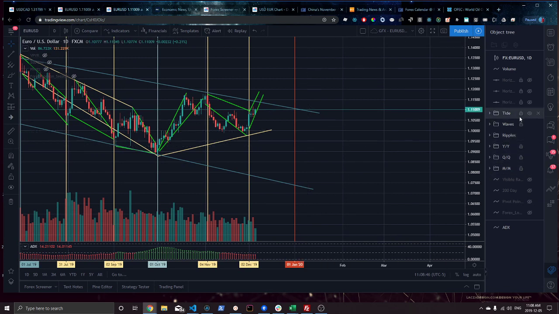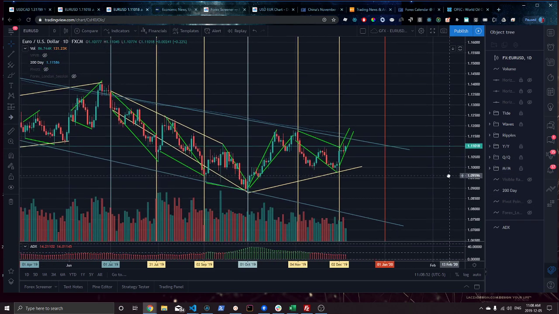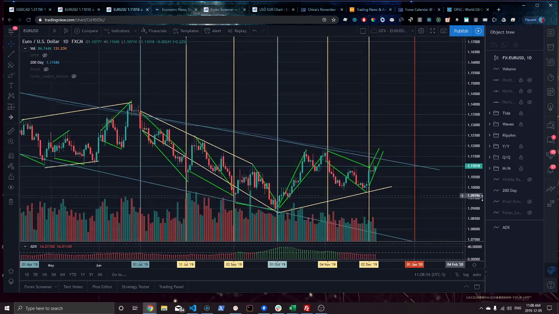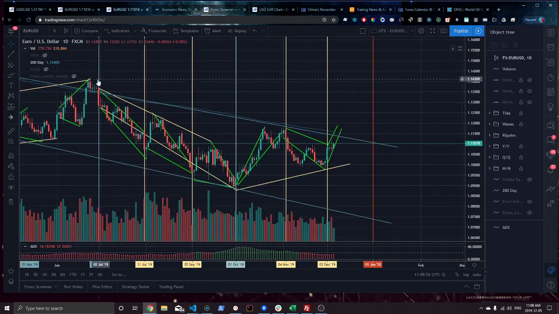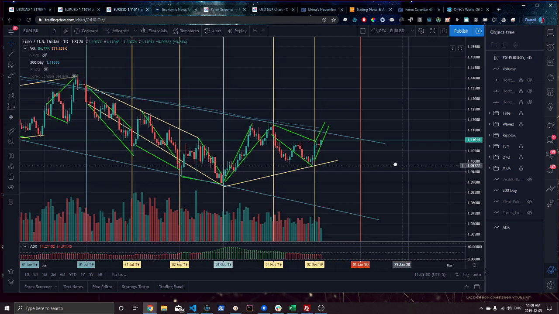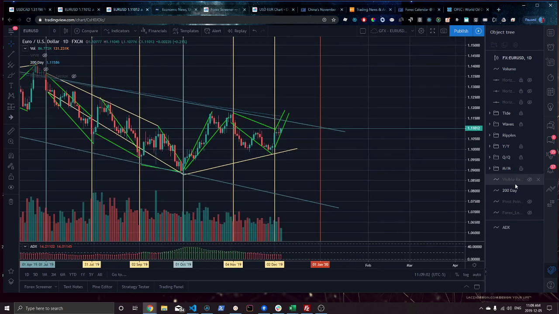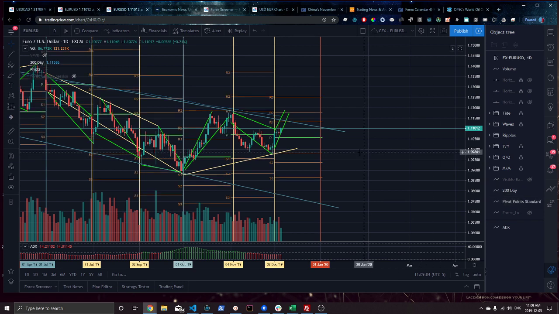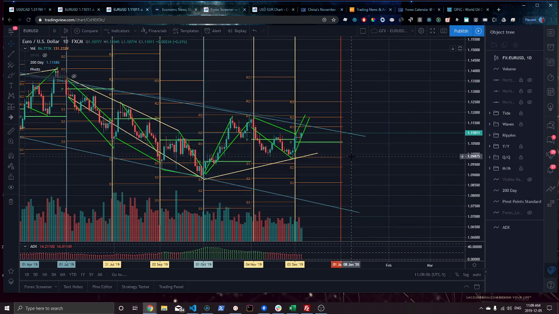After that, we also looked at the 200-day moving average, which coincidentally is our resistance zone at the top here. And then we looked at pivot points, and pivot points are essential, especially for day trading.